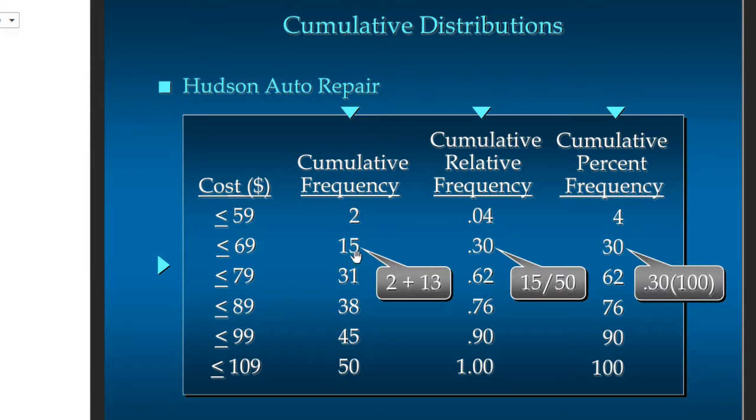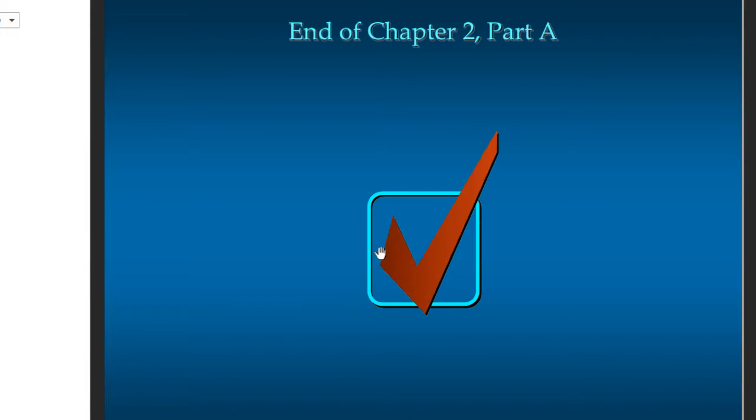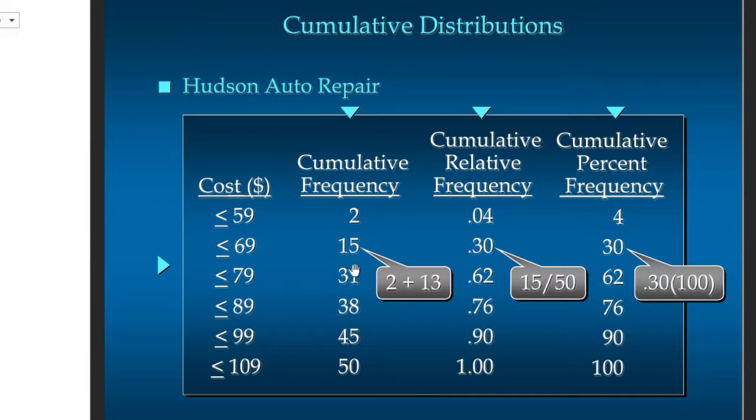So to 15, we are adding 16. So 16 plus 15 becomes 31. That's how they got this 31. So you keep adding it up from the previous, and then you get up to 50 there. Once you keep adding it up, you get this cumulative frequency column.